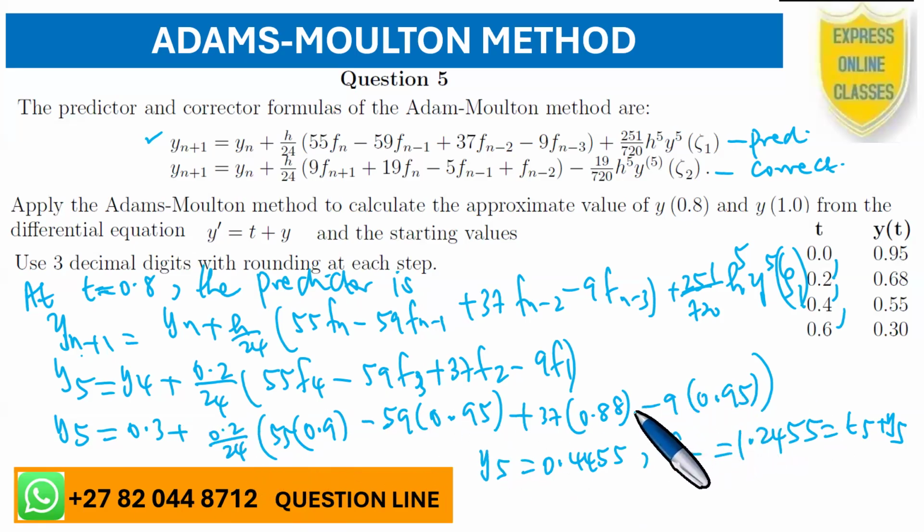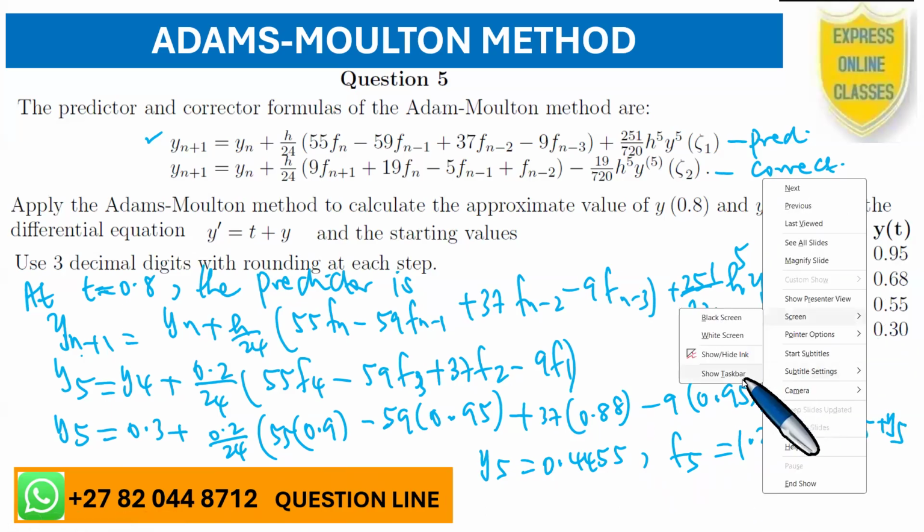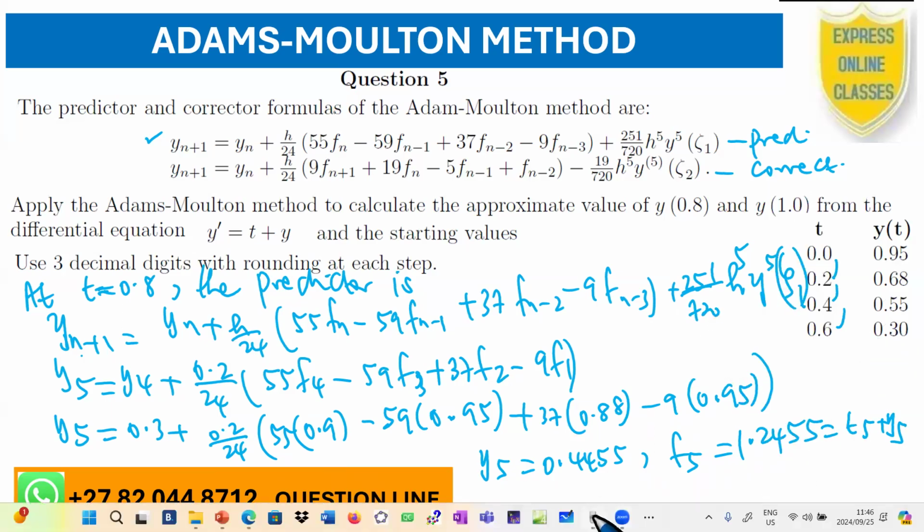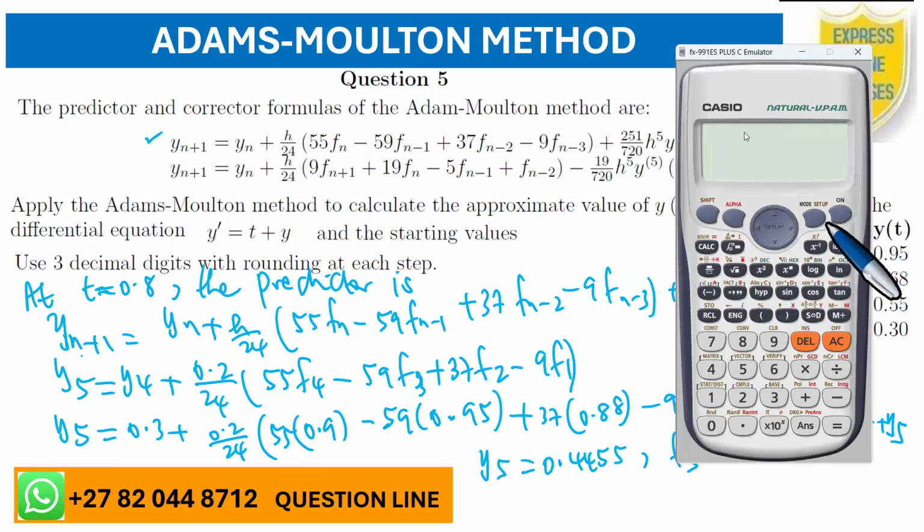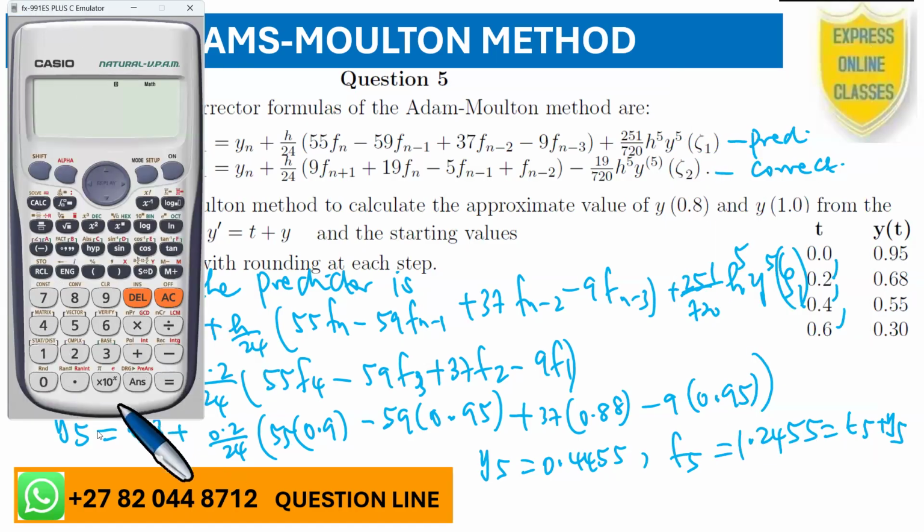You need to be able to use a calculator. This is very important. You don't need computer programs in the exam. Some students will ask, do I need to use software? No, no software is necessary. You just need to be in a position to do it.